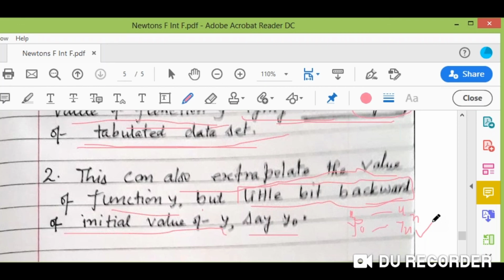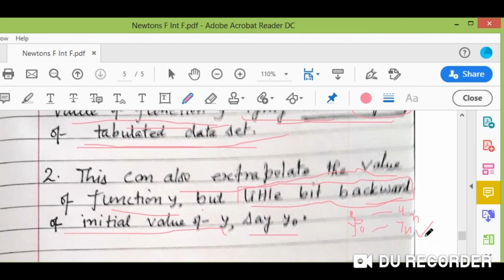What is extrapolation? Interpolation is an estimation of the value of the function corresponding to any value of the argument within the range, and extrapolation is the process of estimating the value of y corresponding to a value of the argument outside its range.